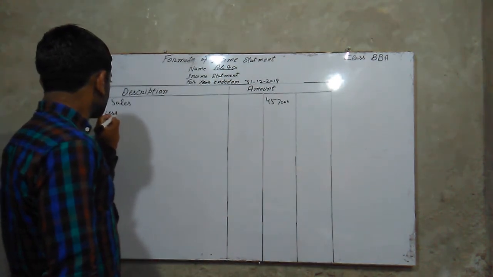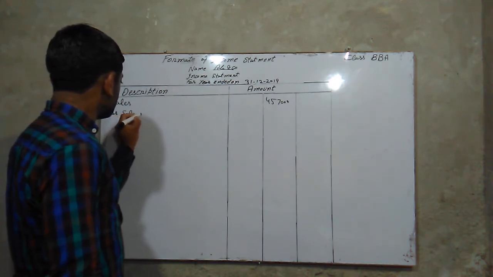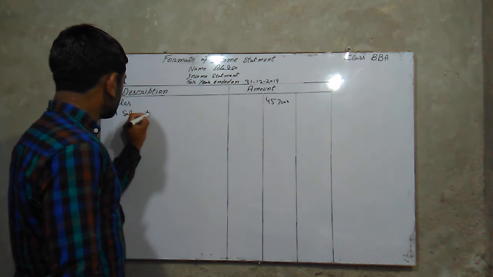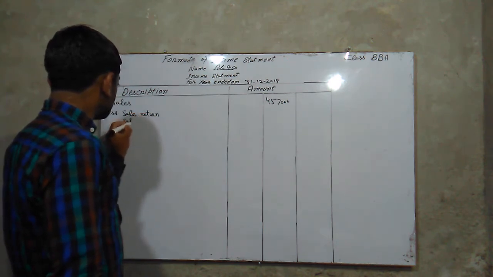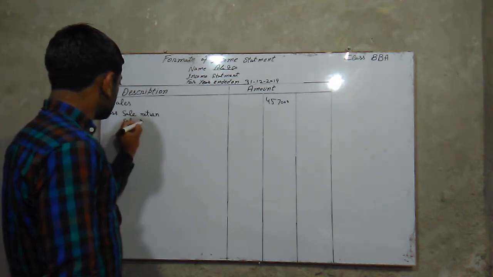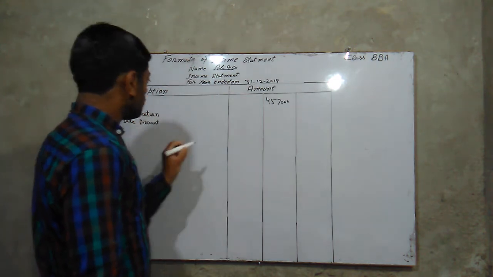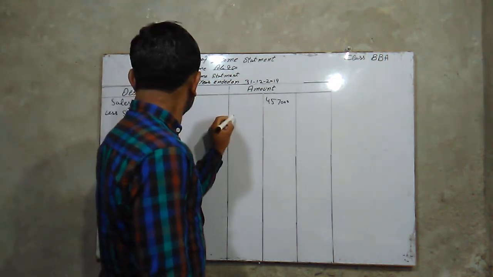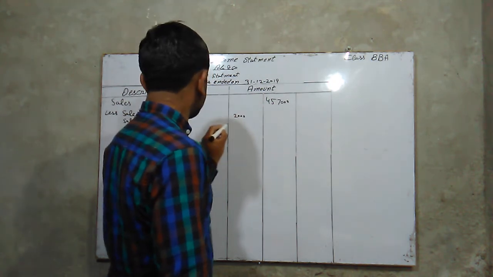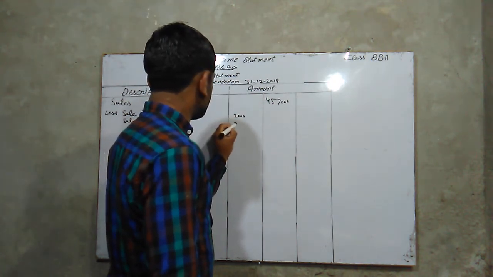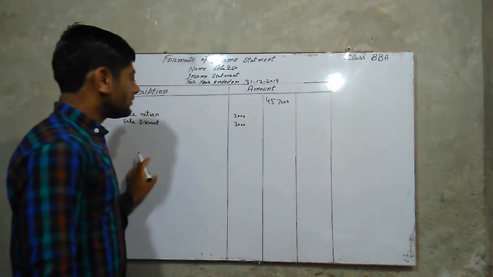Less sales return, amount is 2,000, and sale discount, amount is 3,000.